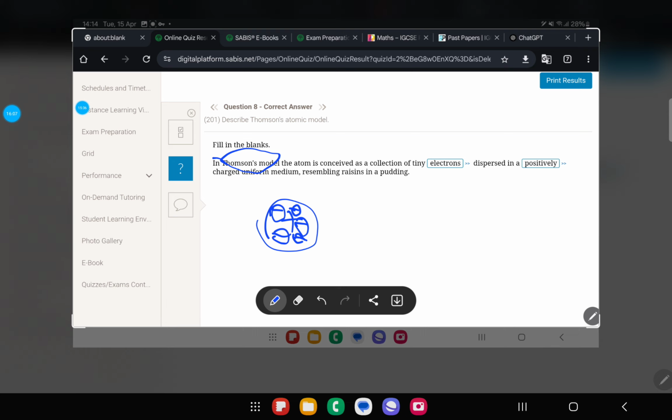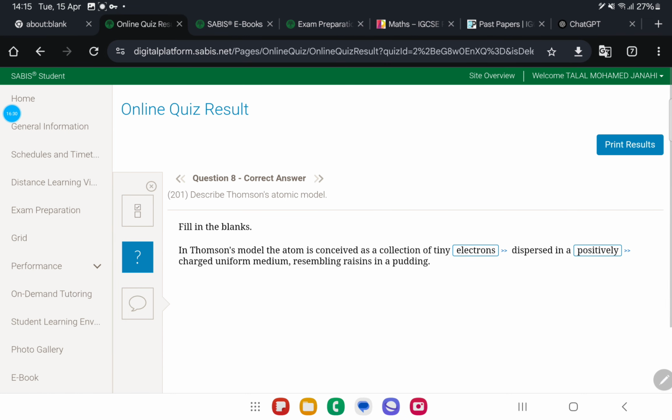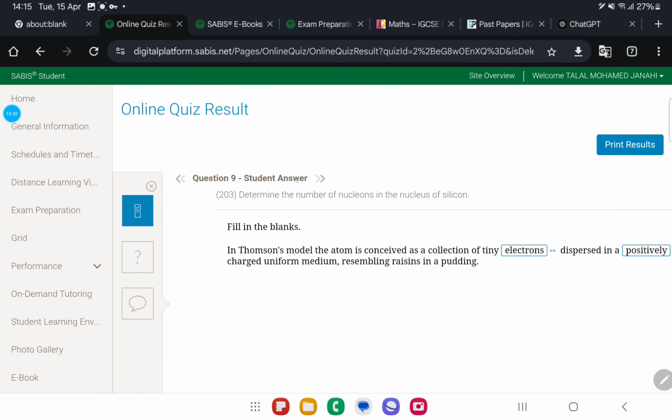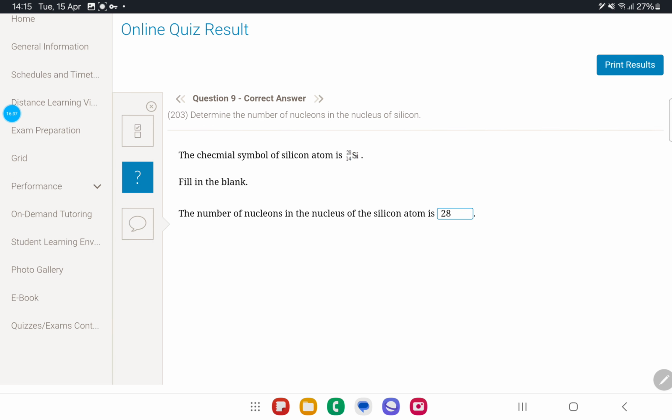So these tiny electrons were dispersed in a positively charged medium, so it looked like raisins in a pudding, as described here. So that was what Thomson thought the atom looked like, the model for a while, until someone came and proved it wrong.